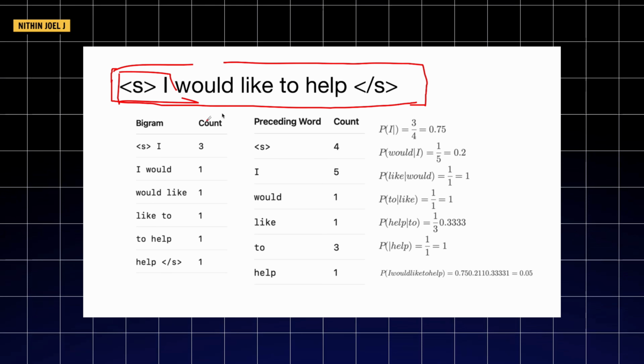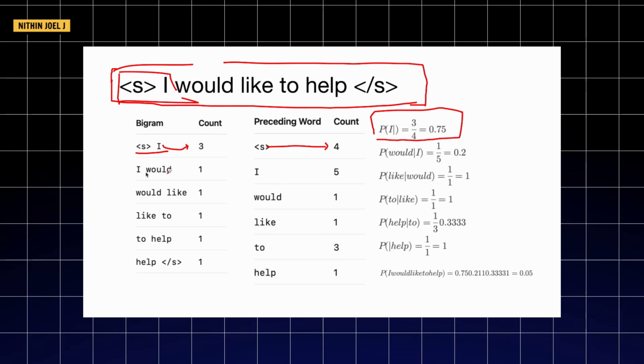So here <s> and I are considered. The count of <s> I is 3 and the count of <s> is 4. So P of I given <s>, the starting statement, is 3 by 4. You get 0.75 over here.